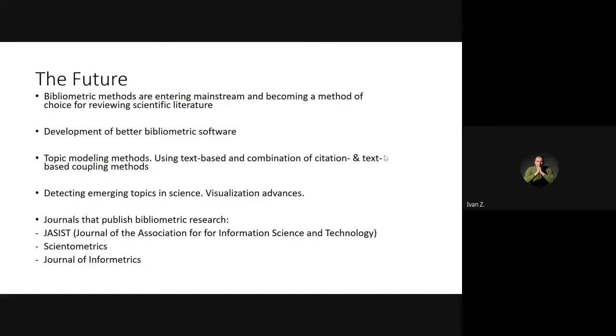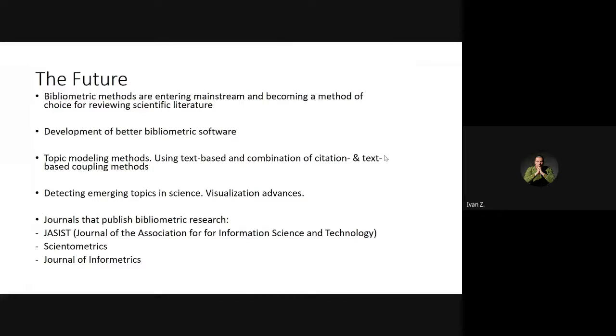And VOSviewer did fill the gap of needing better bibliometric software. One thing in the future is that you can also use topic modeling methods for analyzing actual text. And I think a combination of citation and text-based methods is the future of bibliometric studies.